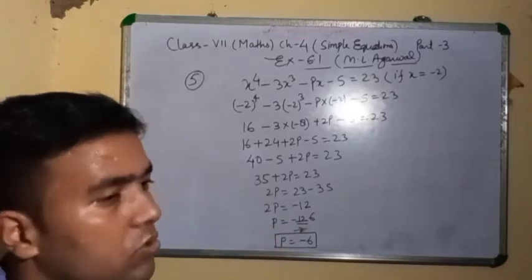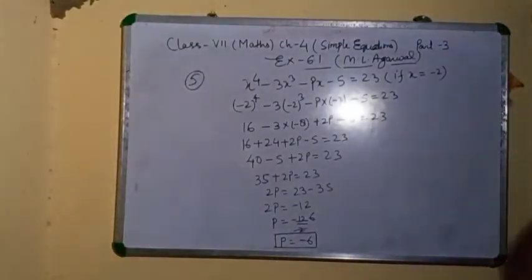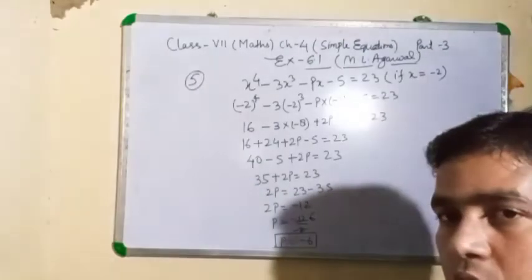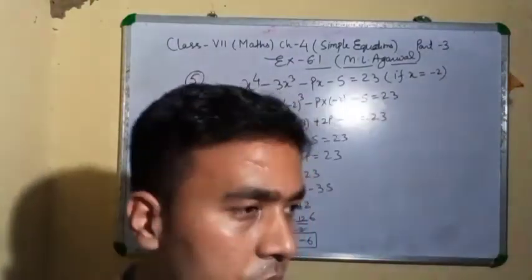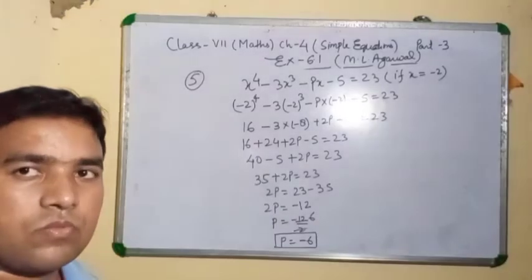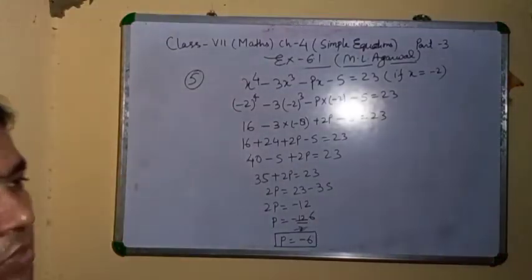Then 2p equal to 23 minus 35. Clear? Then 2p equal to minus 12 and p equal to minus 12 by 2 means 2 6 ja 12. P equal to minus 6. Note down. It is the last question of 6.1. It is completed.